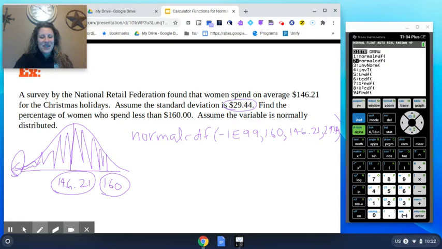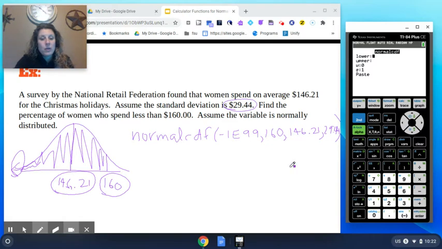Okay, so let's go ahead and plug that in. We're going to hit second vars again to get to that menu. We select number 2, normal CDF. This particular calculator does bring up a menu for me, but if you do not have that menu, you want to type it in exactly as I have it written on the screen.